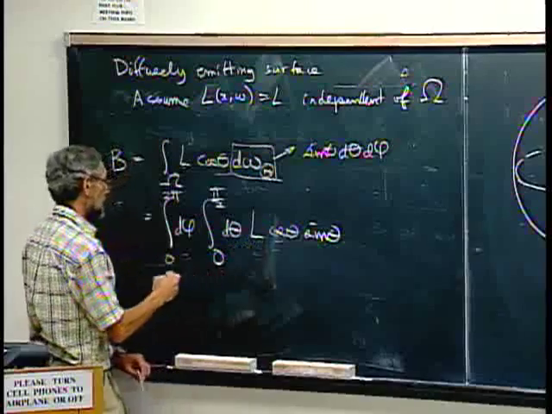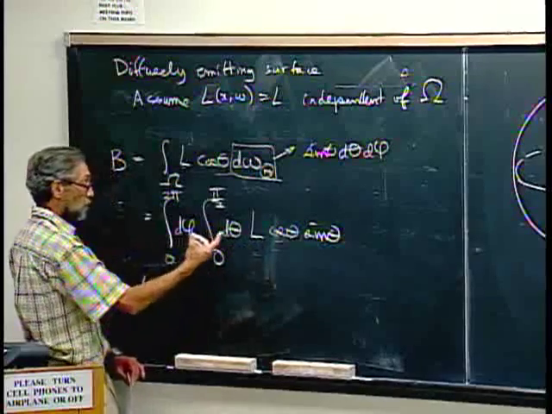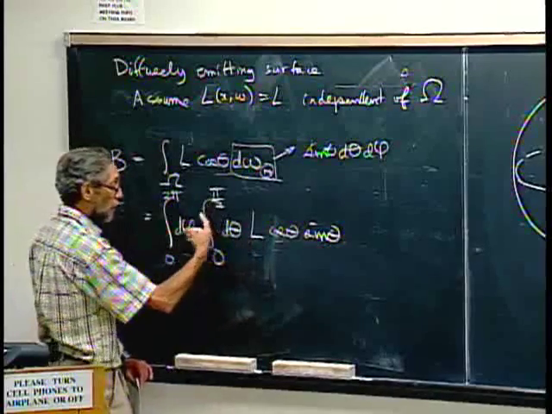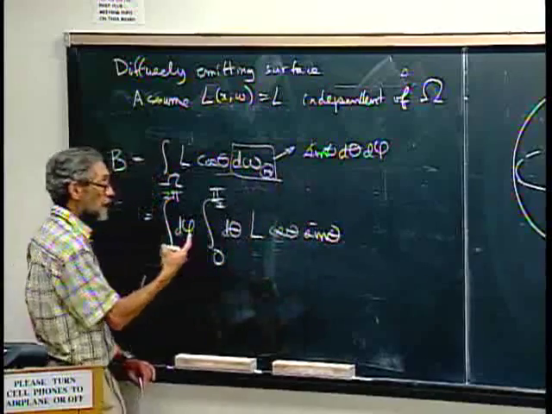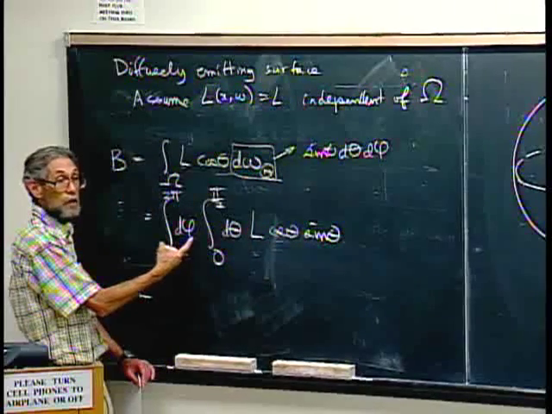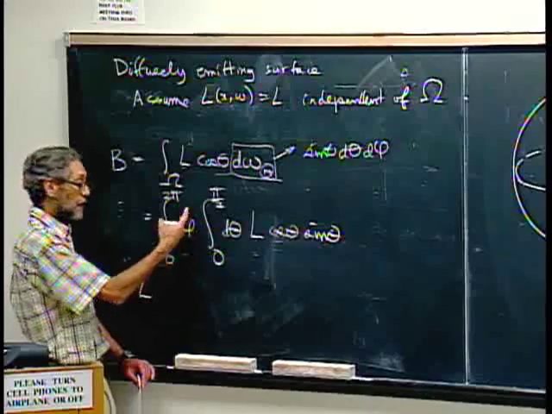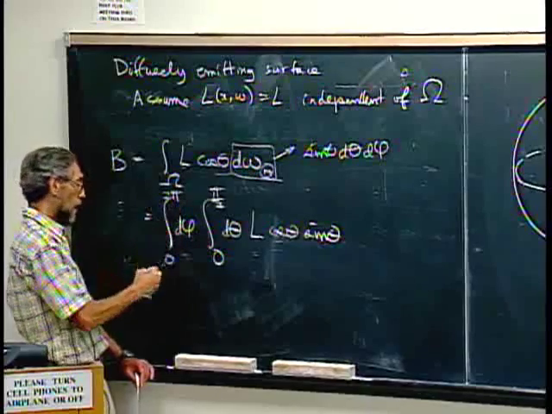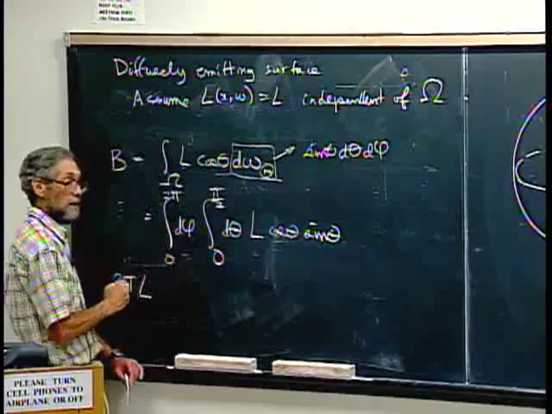And now I can take L out of this integral as a constant, and also this part here doesn't depend on phi. It only depends on theta. So I can integrate this d phi as just 2 pi.